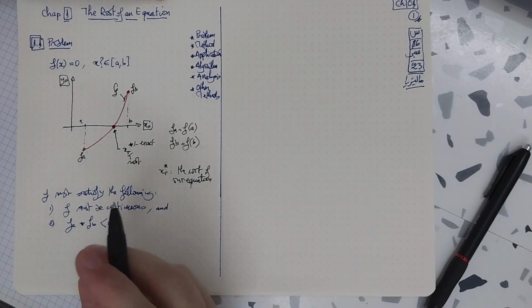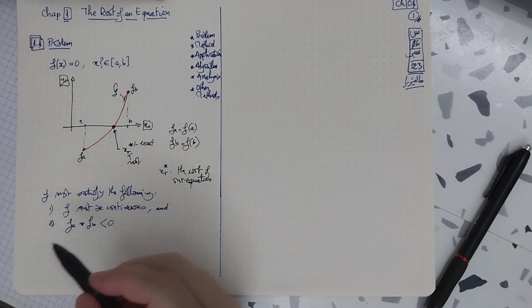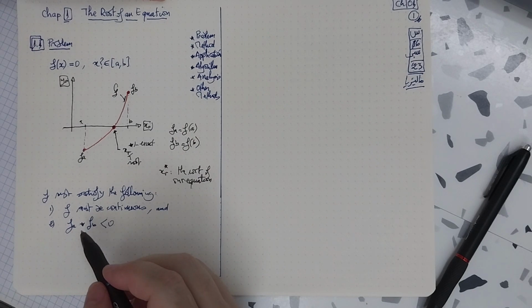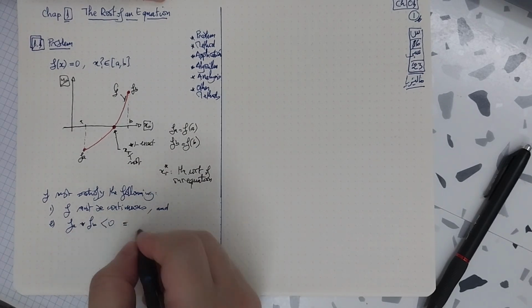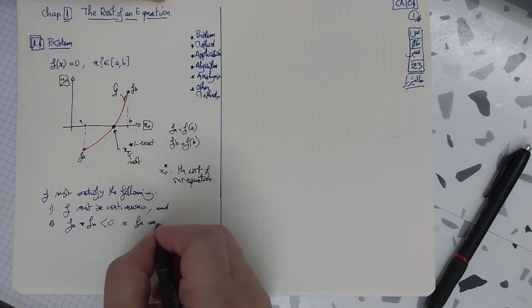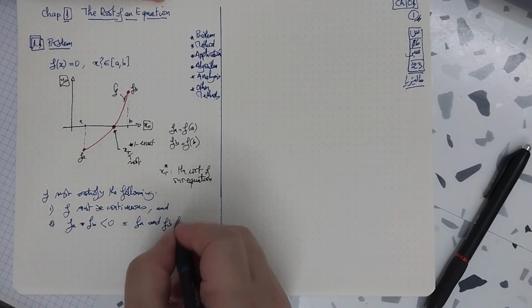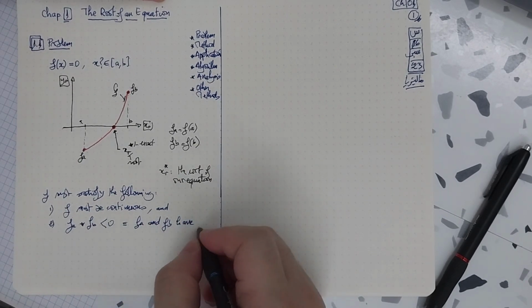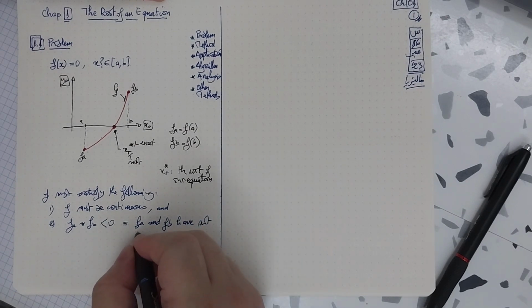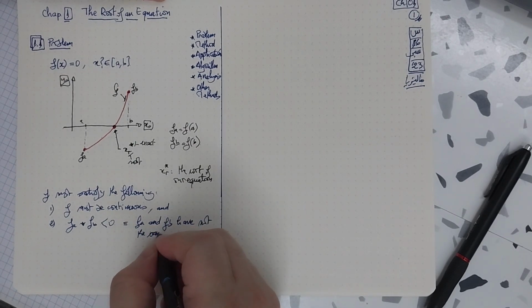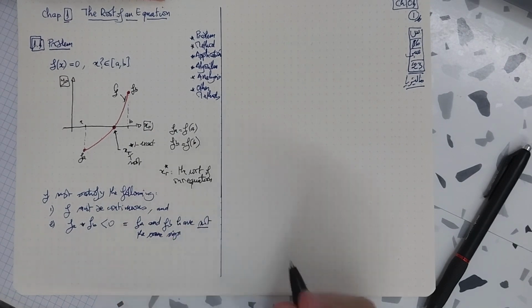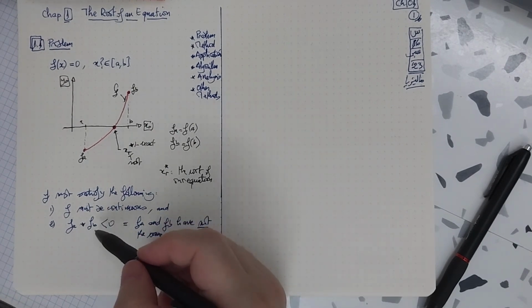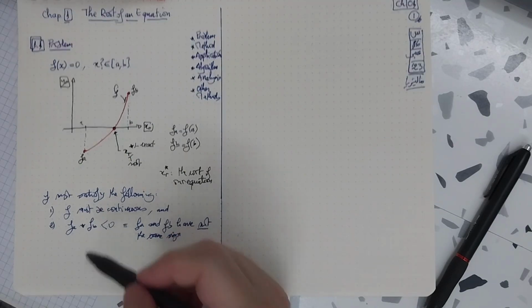It's just a notation to say that Fa and Fb have different sign. So we can also write that Fa and Fb do not have the same sign. These two conditions both must be satisfied.